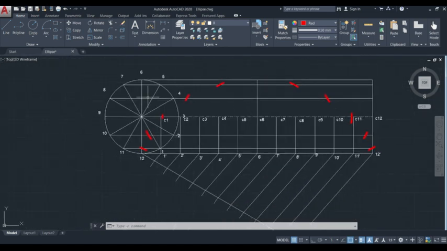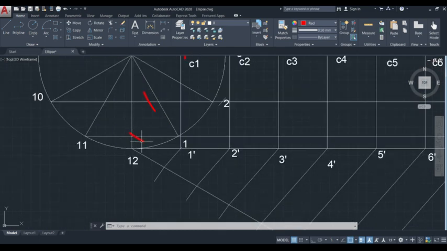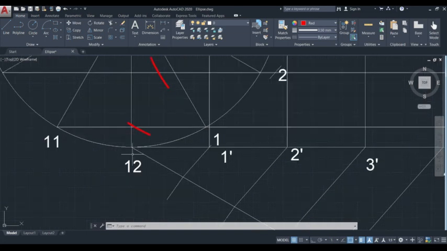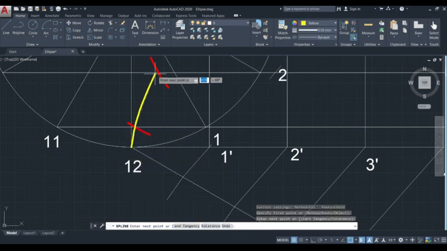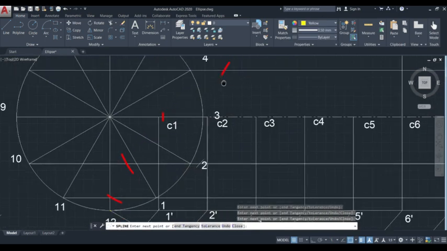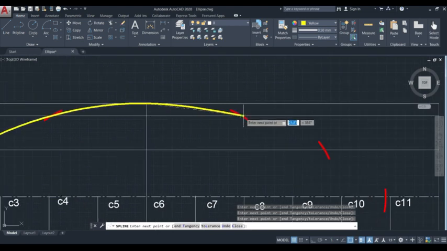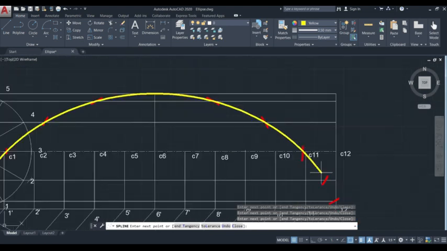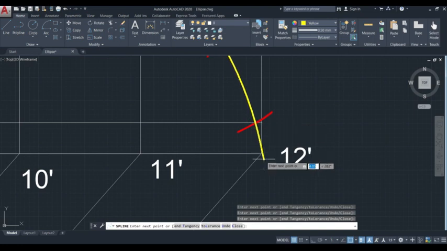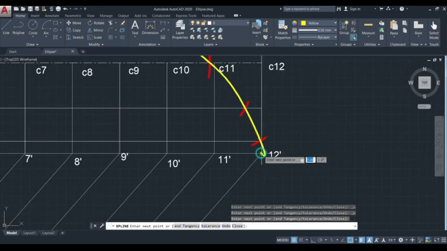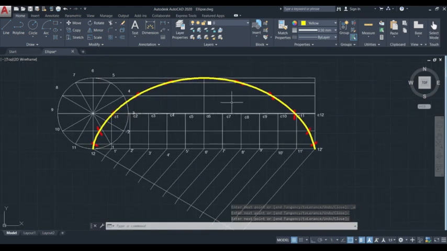Finally, we can connect a curve through all these intersecting points, starting from the point marked as 12, by means of hand drawing. Finally, we will get a curve like this.